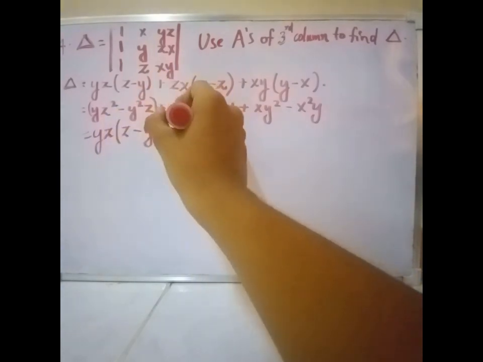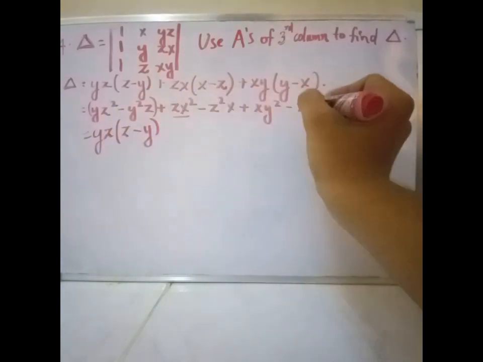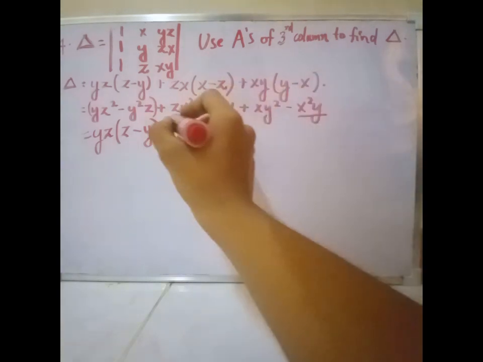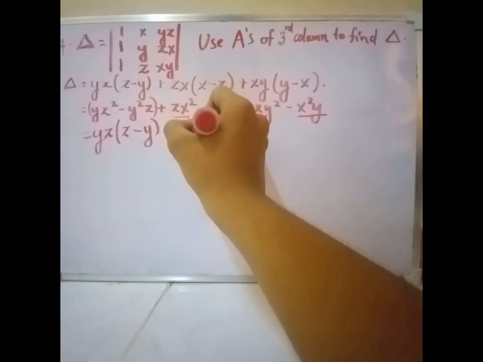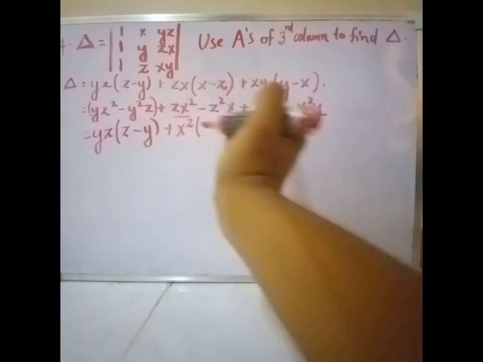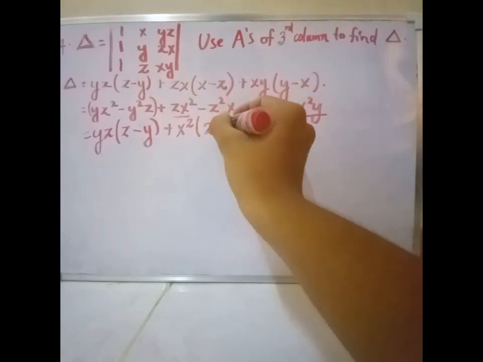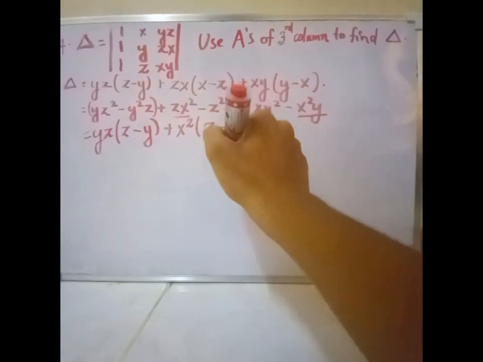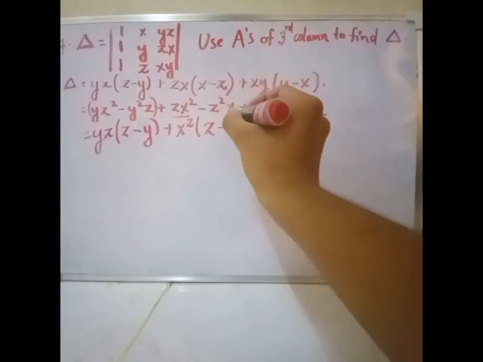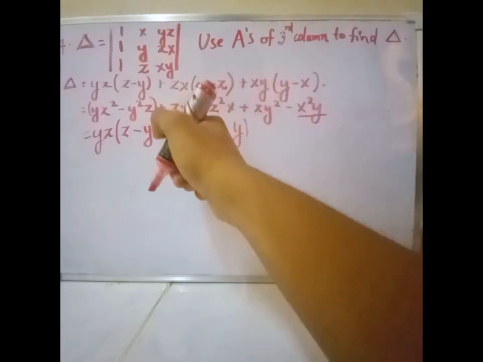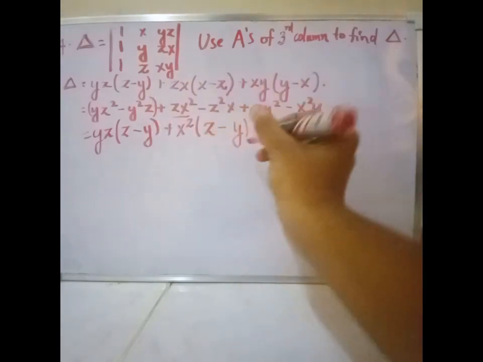Now this term has an x squared and this term also has an x squared, so we can take the x squared out of these terms. So it will be z minus x, z minus y, because we took the x squared out, right? So z is left here and minus y is left here.